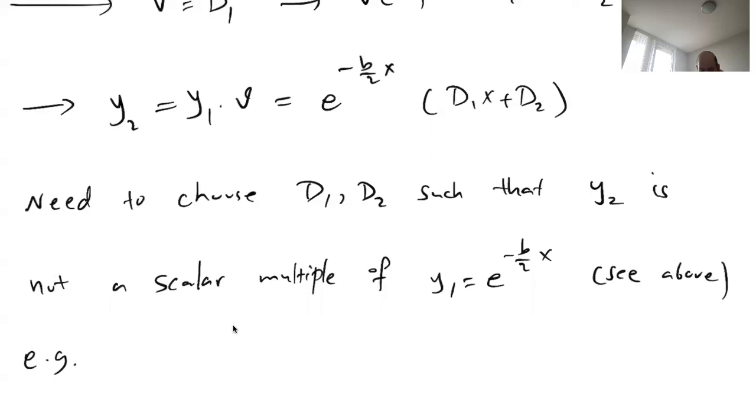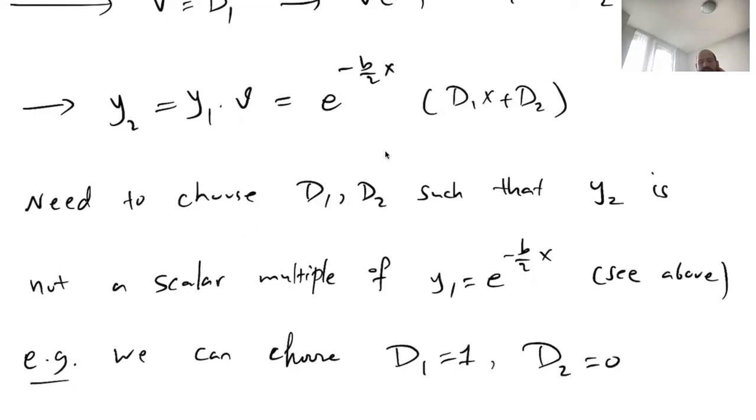For example, we can choose d1 to be 1 and d2 to be 0. Then y2 will be x times e to the power minus b over 2x, which is not a scalar multiple of e to the power minus b over 2x.